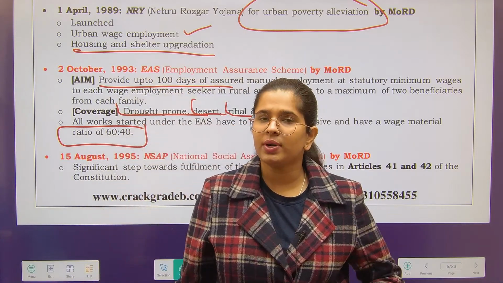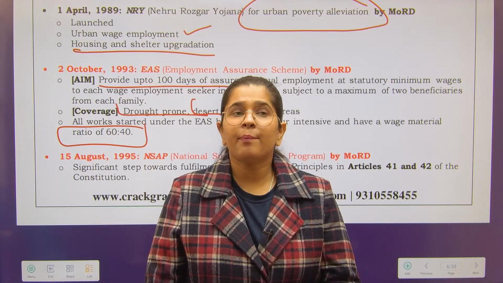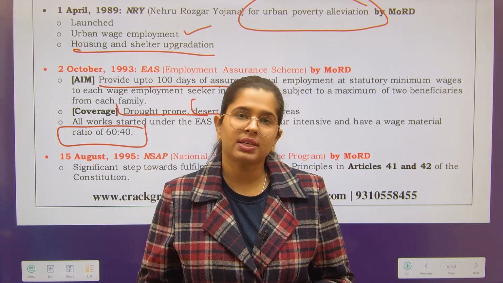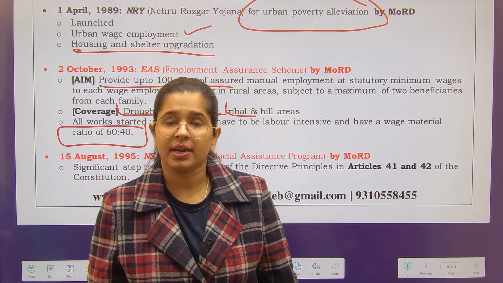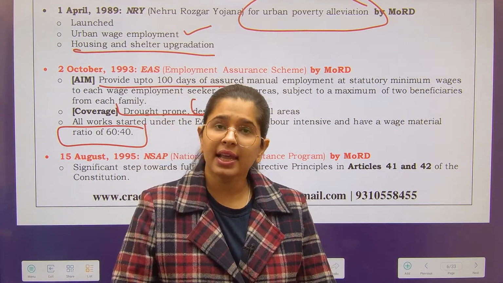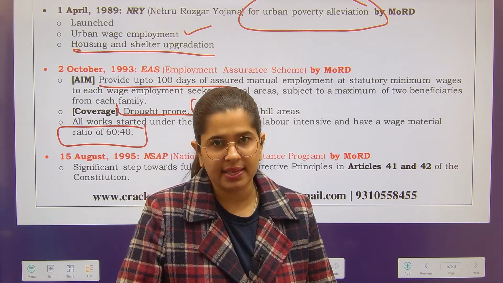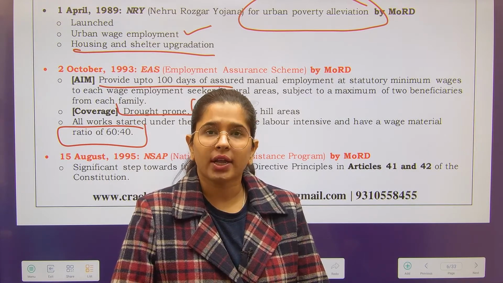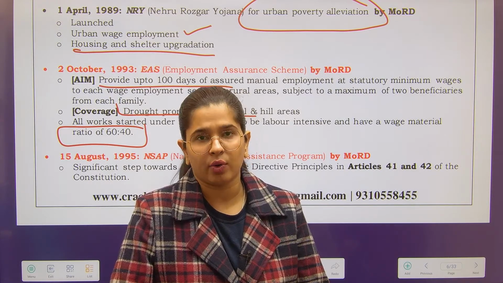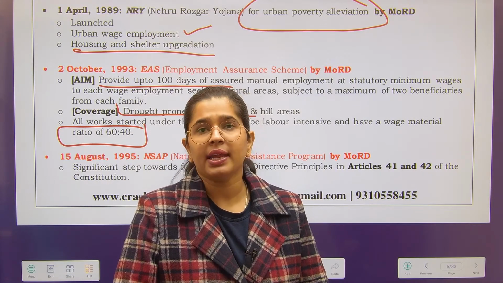Now, what is this wage material ratio? See, we can employ a laborer to do a certain kind of work which is not as labor intensive, right? The labor required might be a lesser part of it, but all these employment guarantee schemes, whatever we are going to study, make sure that whatever work is to be carried out under the scheme has to be labor intensive.